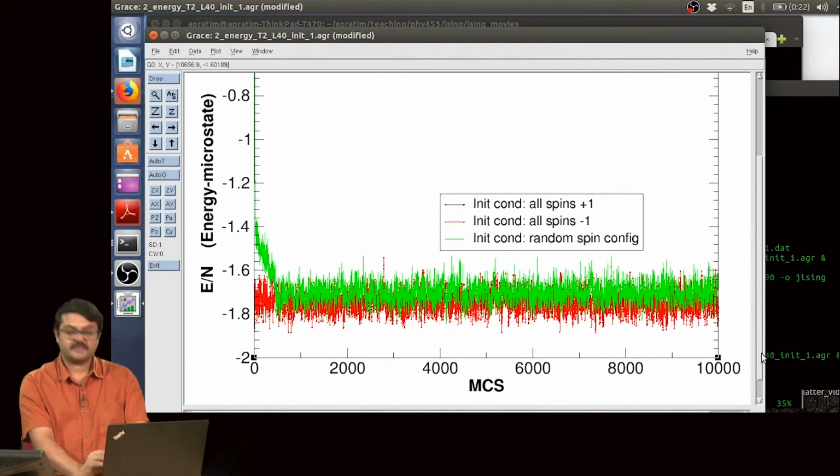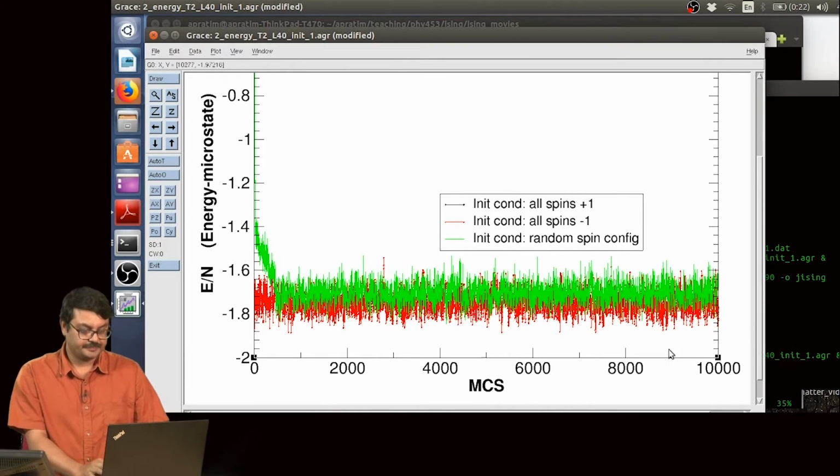and the interesting point to note is that the data where all spins are pointing in minus 1 is exactly on top of the initial condition where all spins were pointing in the up direction.